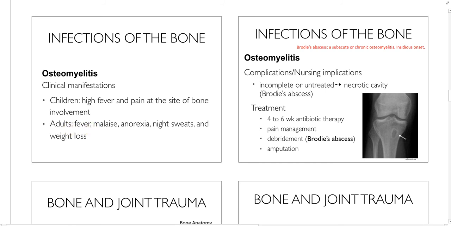There are some complications for this as well, and I don't really understand exactly whether Brodie's abscess actually is an incomplete or untreated osteomyelitis, because from what I saw, Brodie's abscess is actually a subacute or a chronic osteomyelitis, comes on as an insidious onset and is kind of captured by bone scarring, scar tissue in the bone around that joint or around that spot to prevent it from getting worse.